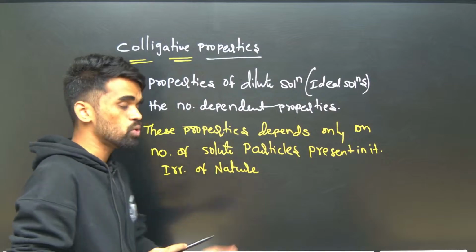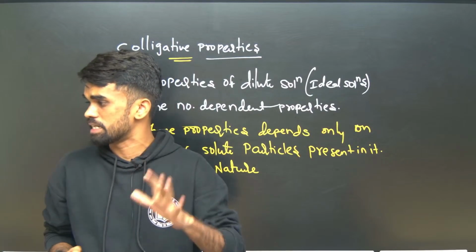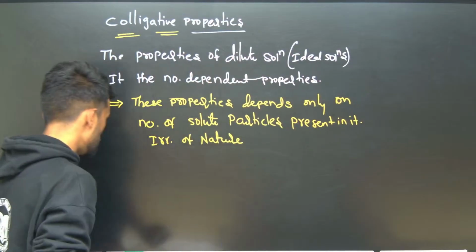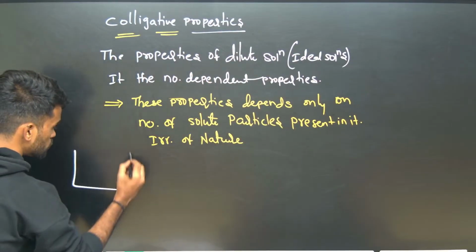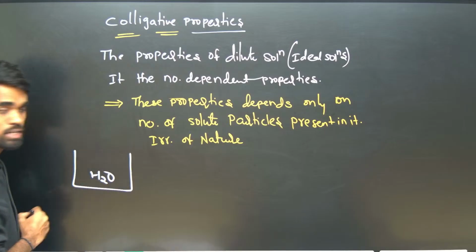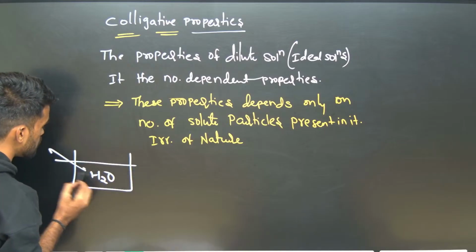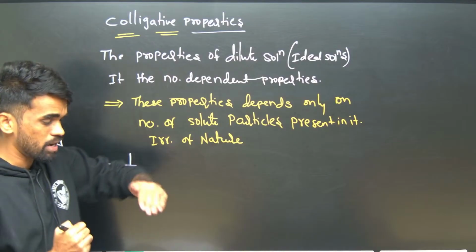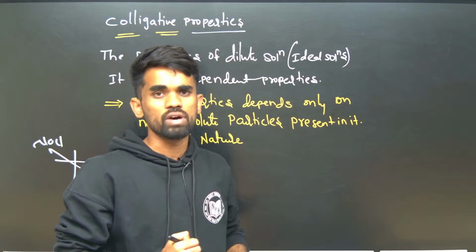So for example, just now I told you, to elevate the boiling point of water, they can add some salt, NaCl. Now its boiling point is elevated from 100 degrees to 101 or 102.